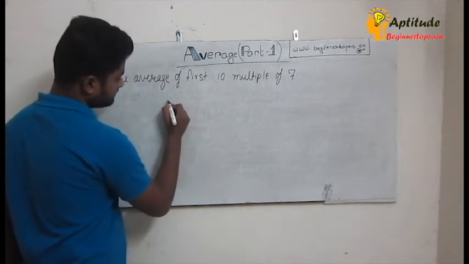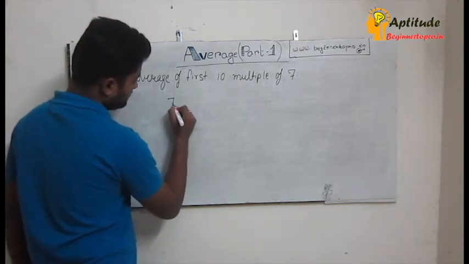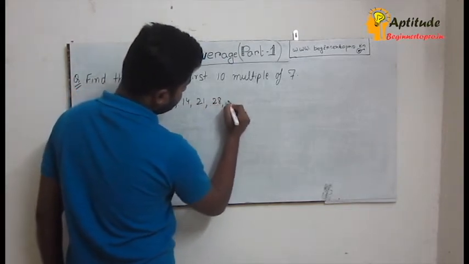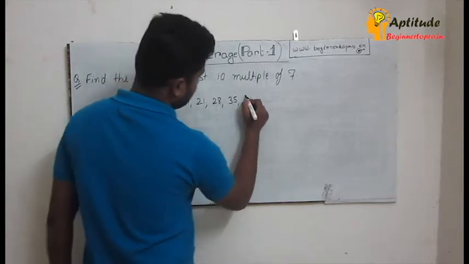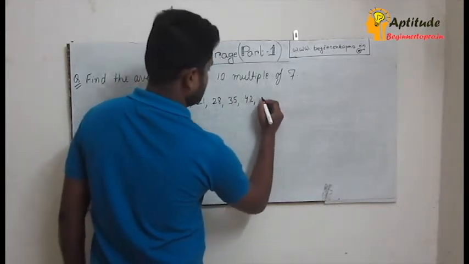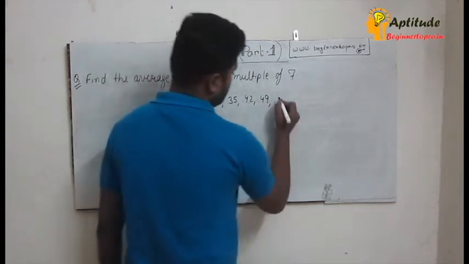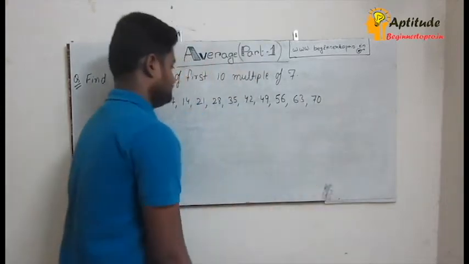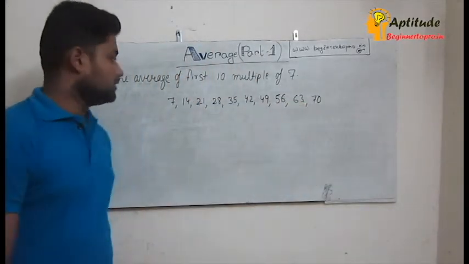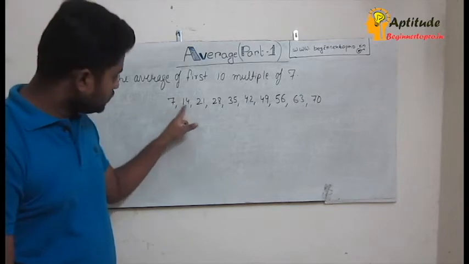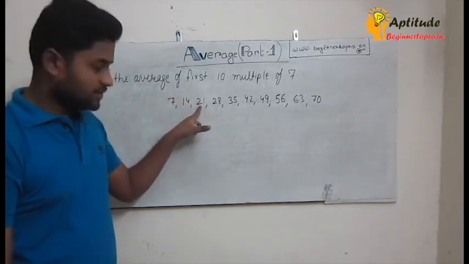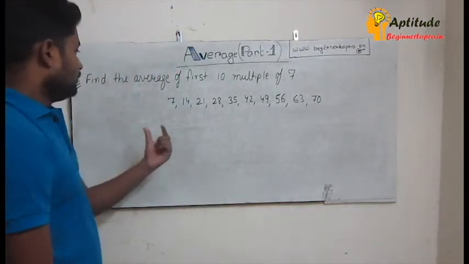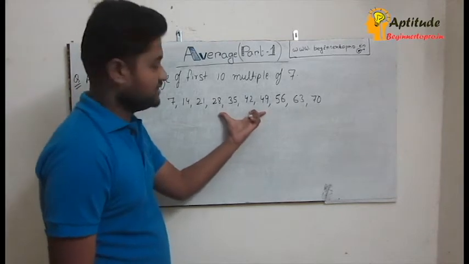They are 7, 14, 21, 28, 35, 42, 49, 56, 63, and 70. 7 times 1 is 7, 7 times 2 is 14, 7 multiplied by 3 is 21, similarly this way. So we need to find the average of these observations.